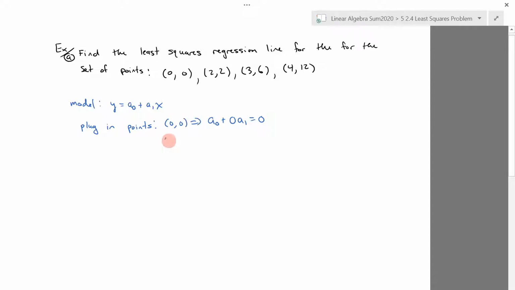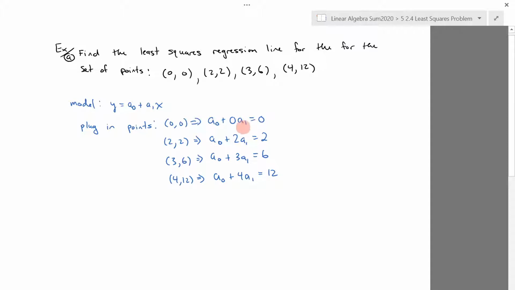And then the second point, 2 comma 2, a0 plus a1 times 2 equals y, which is also 2. And the next point, 3 comma 6, we get a0 plus 3a1 equals 6. And then finally 4 comma 12, a0 plus a1 times x, which is 4, so you get a0 plus 4a1 equals y, which is 12.